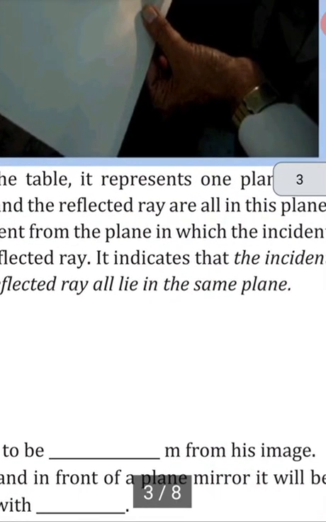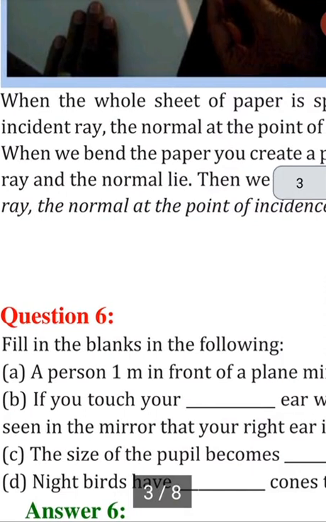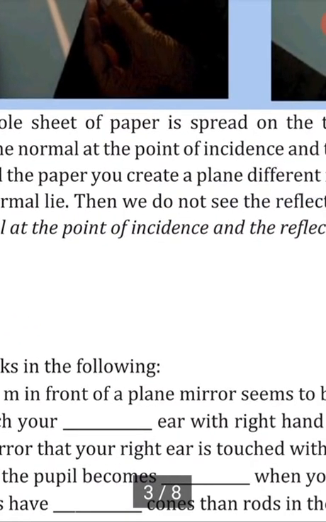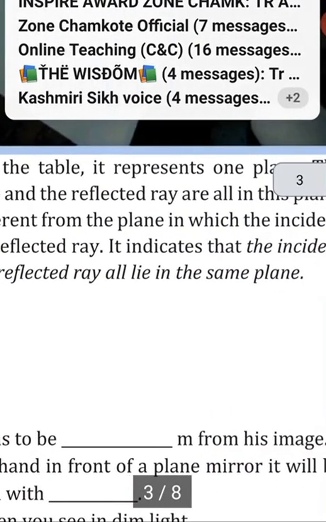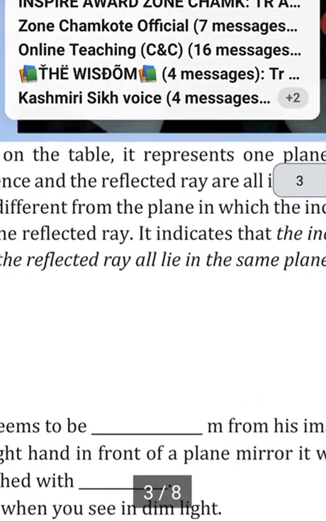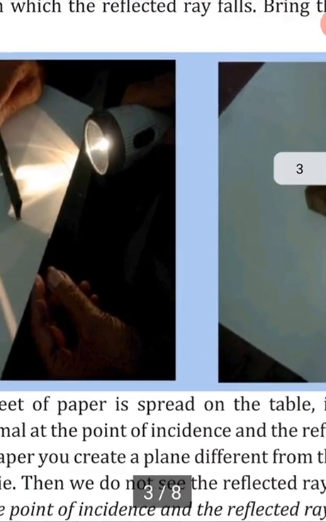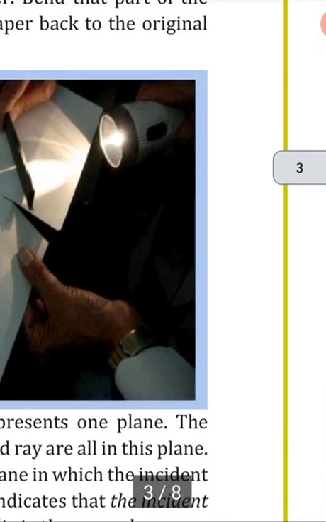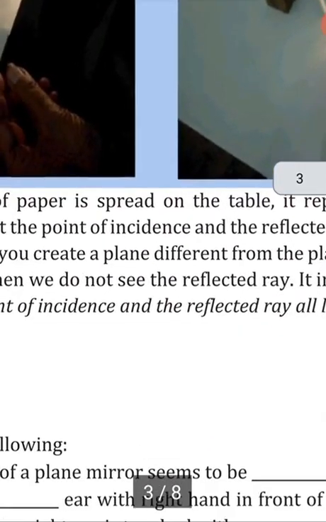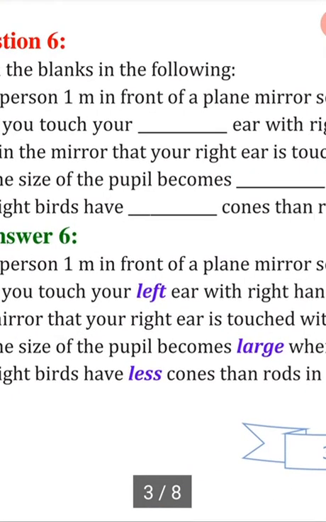It indicates that the incident ray, the normal at the point of incidence, and the reflected ray all lie in the same plane. This is the diagram through which we can do this experiment. This was the experiment which we have done here.